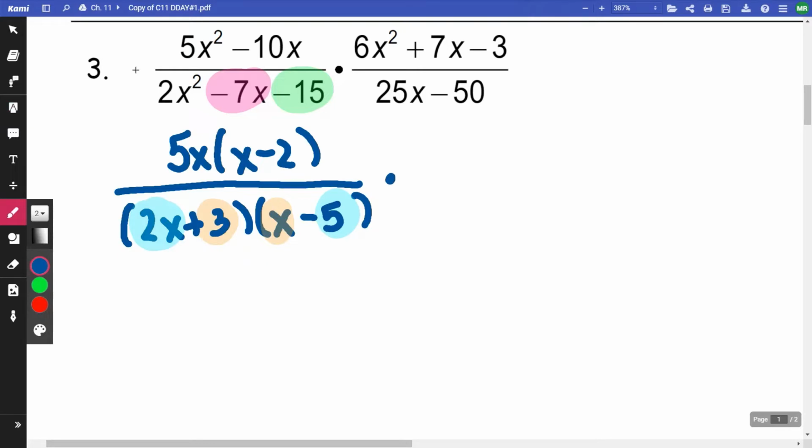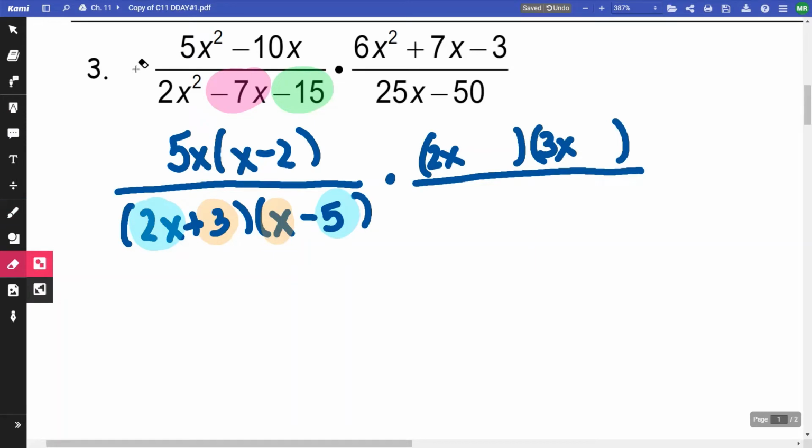Okay, and then I am going to be multiplying by, and I'm going to factor this. Now, when I'm factoring this, it could be a 6x and an x, or it could be a 2x and a 3x. I'm going to see if it's a 2x and a 3x since I happen to have a 2x on bottom.